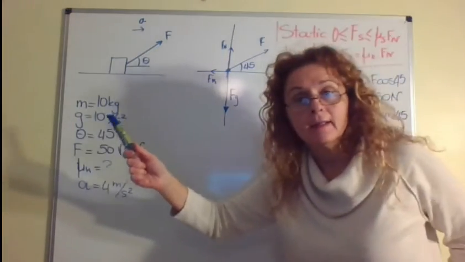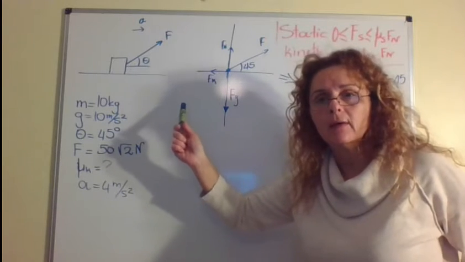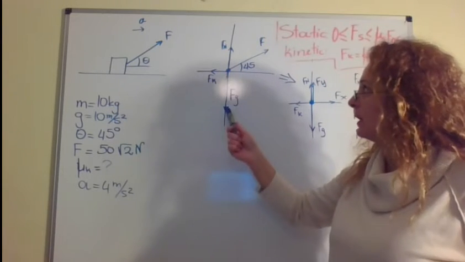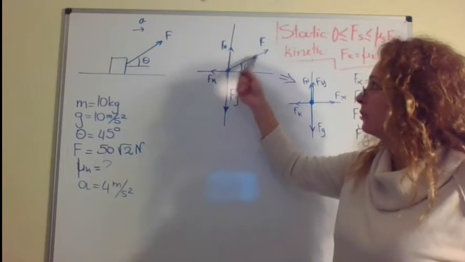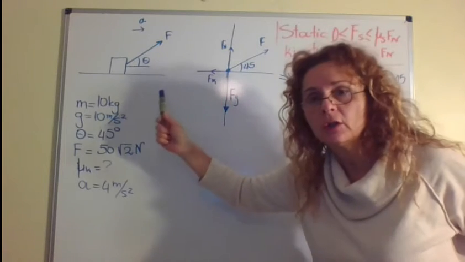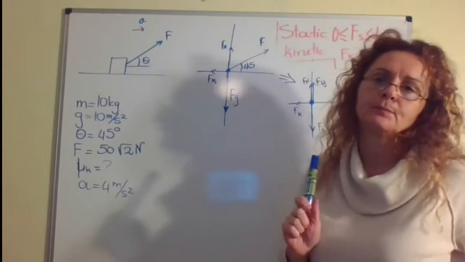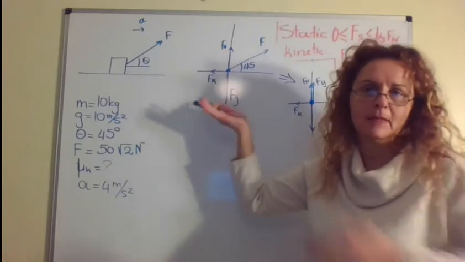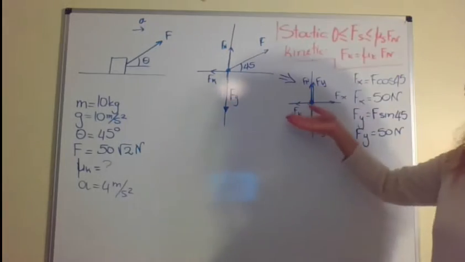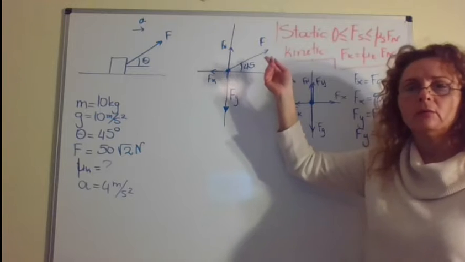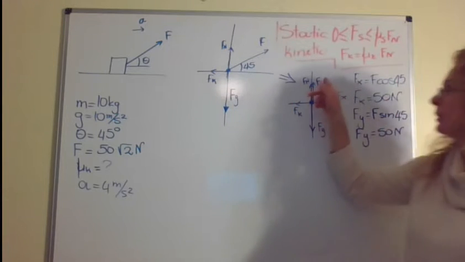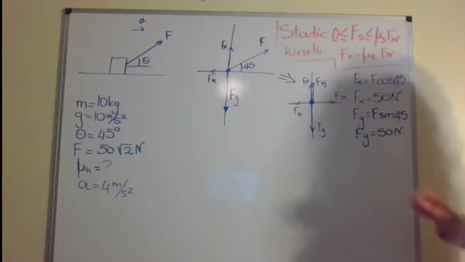Free body diagram, forces: force due to gravity, normal force, the force that I apply, friction, opposing. I think it's easy. Now, apparently I need to resolve the force into its components, right?